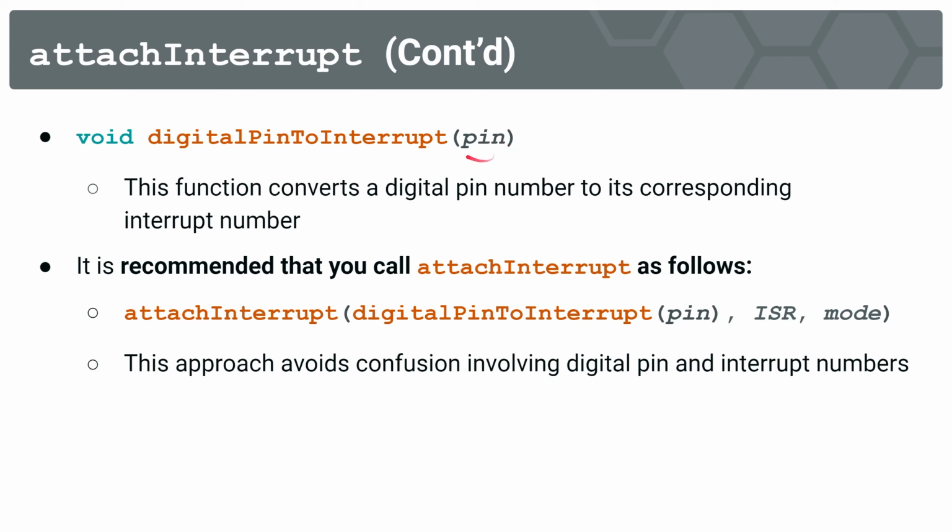So you'll call it, you'll pass the digital pin number, and then it'll return the interrupt number that you'll use for the first parameter of attachInterrupt. And it's actually recommended that you do it all in one line. So when you call attachInterrupt, you're going to do it with digitalPinToInterrupt called in the first argument. And then you include ISR and mode. And this helps avoid the confusion involving digital pin and interrupt numbers and the difference between them.